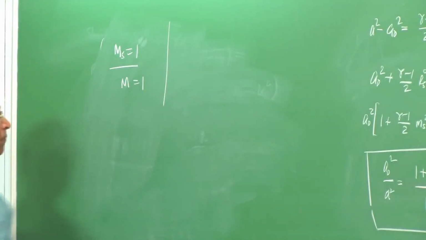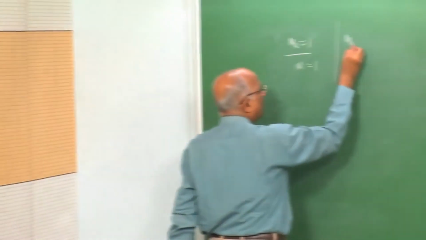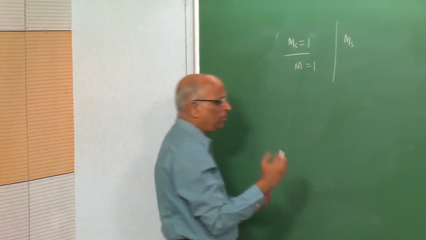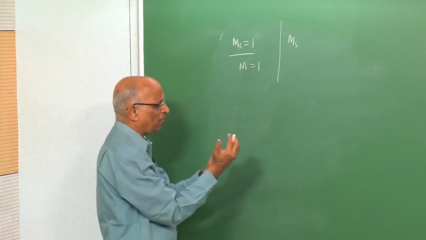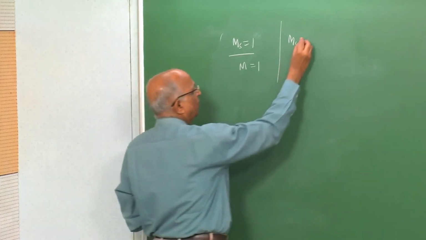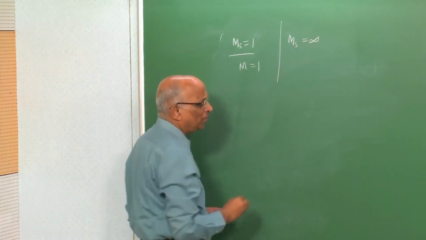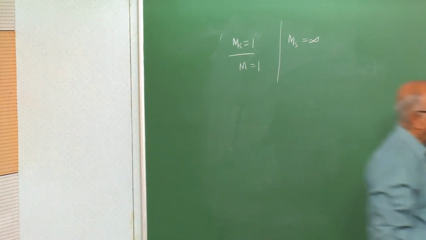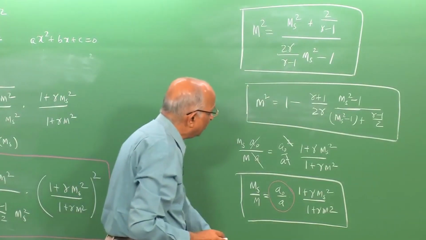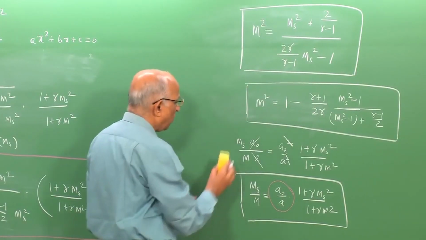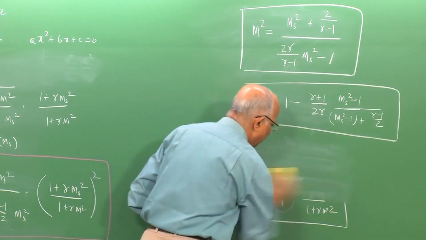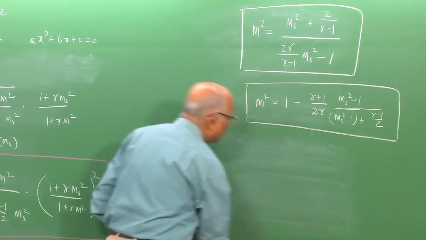On the other hand, I take the other limit, an extremely strong shock wave travelling at infinite speed. If Ms is equal to infinity, what is going to happen? Well, I cannot get infinity here, therefore I slightly modify this equation. I want to put it in terms of 1 over Ms squared, because then I can put a 0 over here. What do I do?